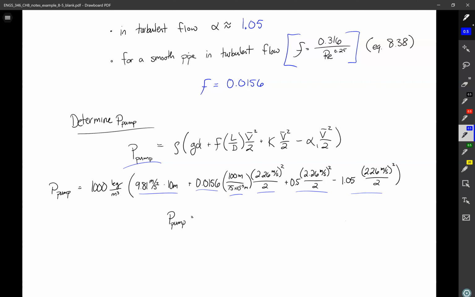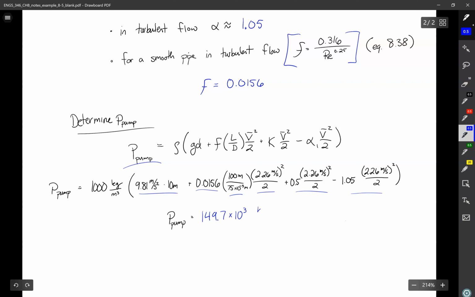When we put all of these things together, we get a pressure in our pump of 149.7 times 10 to the 3, and then a big jumble of units. If we go through all of the units that we have, all of these terms inside the parentheses have units of meters squared per second squared.